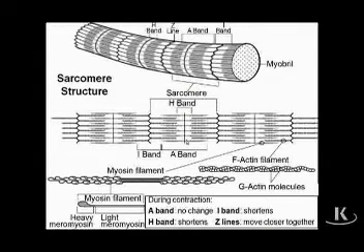And in addition, the actin filaments on either side of the H-band will move closer together, shortening the H-band as well. So obviously the bottom line is during muscle contraction, the sarcomeres shorten as the Z lines move closer together.